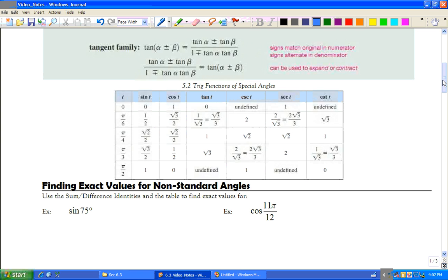From section 5.2, looking at those trig functions of special angles.